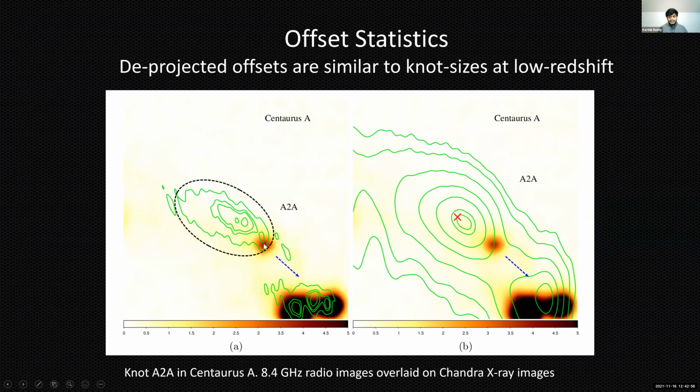Now, in most of the deconvolved images, the X-rays don't show any evidence for an extended emission with sizes on the same order as the radio. So compact regions are going to be a problem for the inverse Compton model, because in the inverse Compton model, the X-rays are produced by low energy electrons, which have much larger lifetimes than the radio emitting synchrotron electrons.